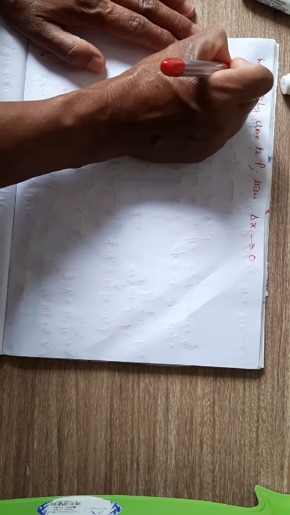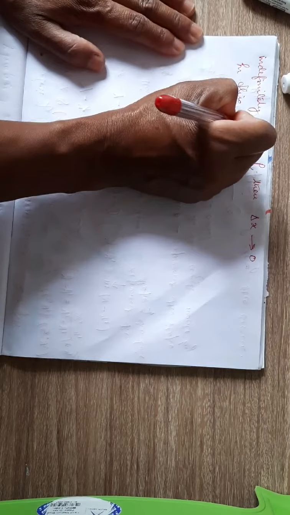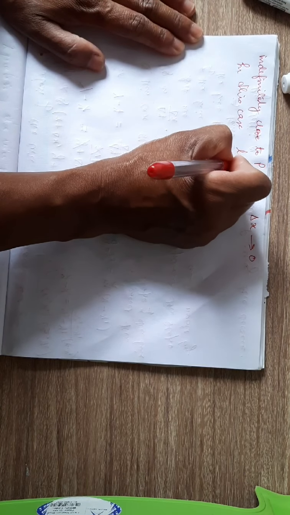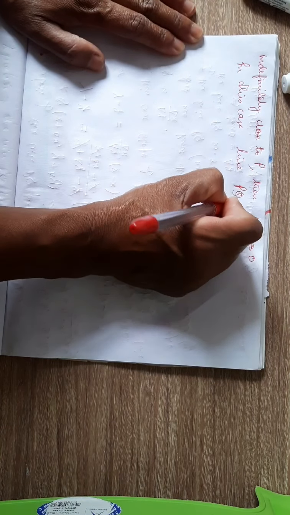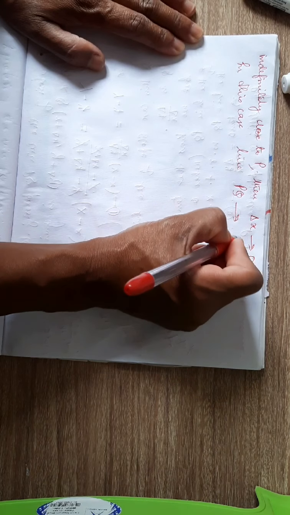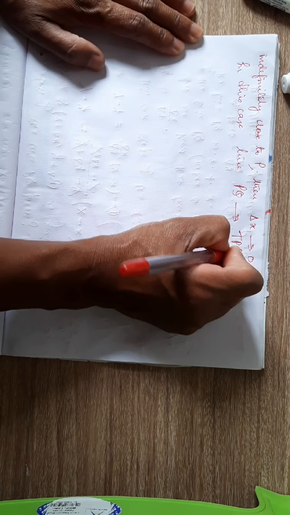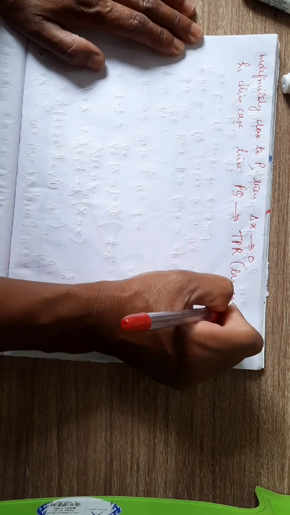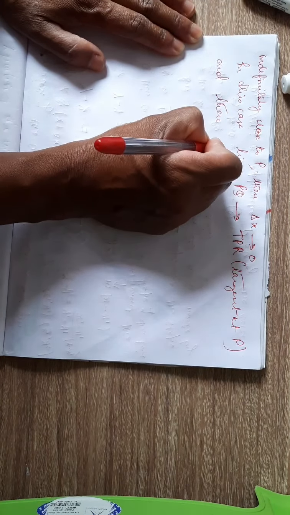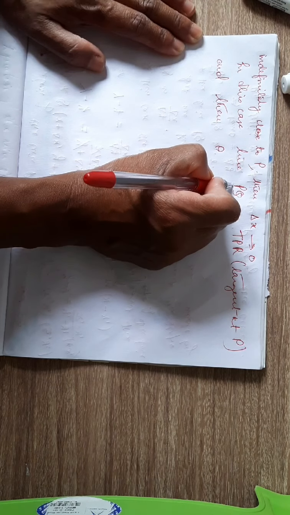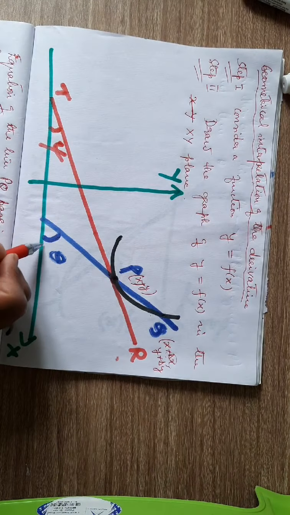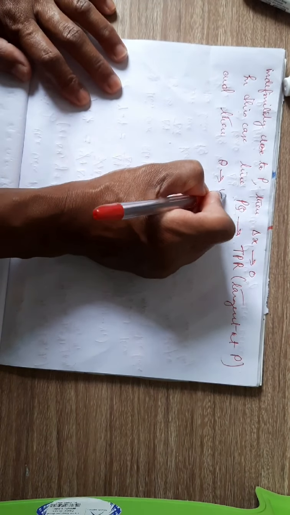So in this case, line PQ will coincide with the line TPR, which is a tangent at P, and then this angle theta made by the line PQ will also tend towards this angle psi.